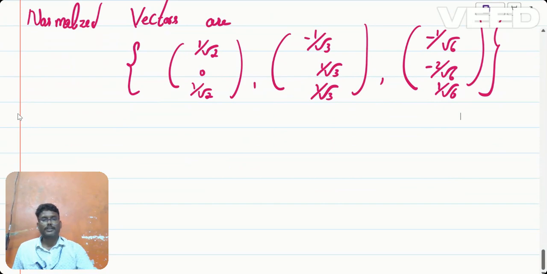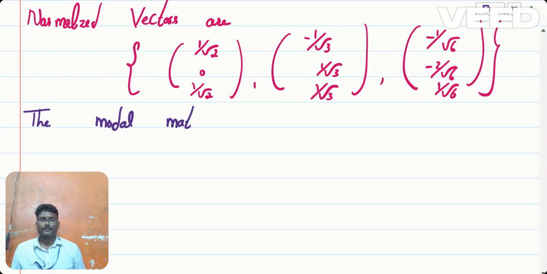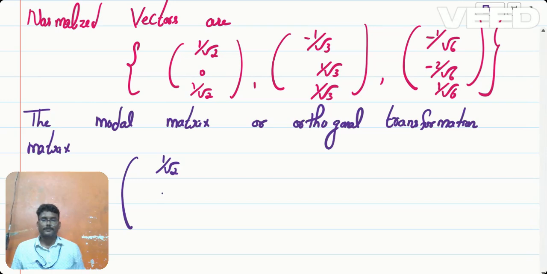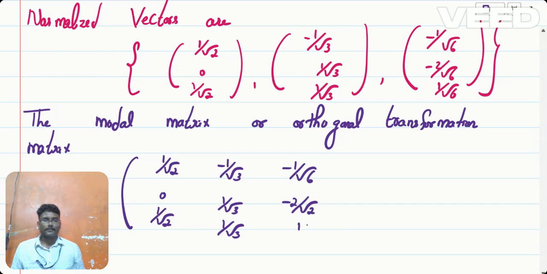So now we are able to write the orthogonal transformation matrix, that is the model matrix N. The orthogonal transformation matrix N is equal to 1 by root 2, 0, 1 by root 2; minus 1 by root 3, 1 by root 3, 1 by root 3; minus 1 by root 6, minus 2 by root 6, 1 by root 6.